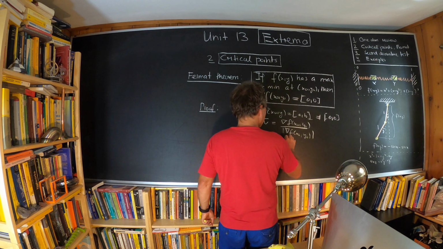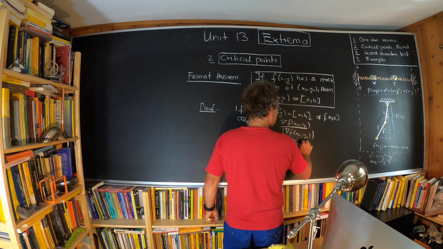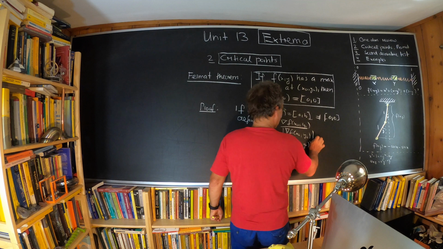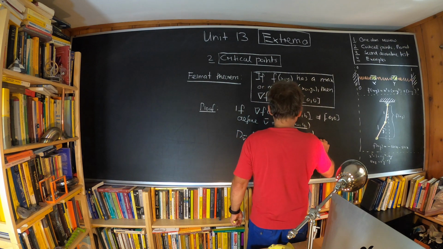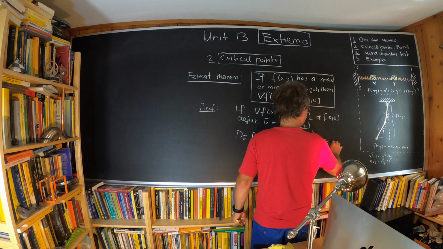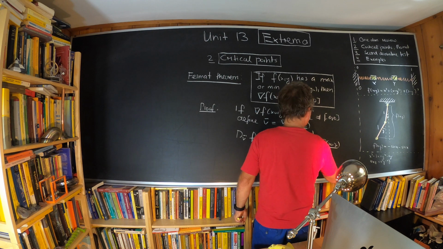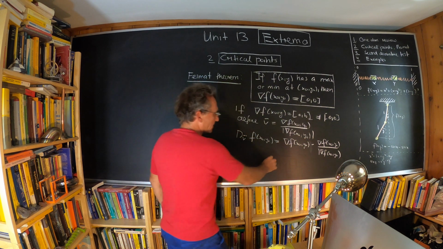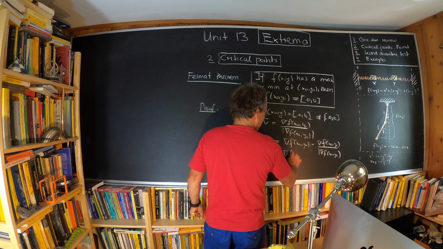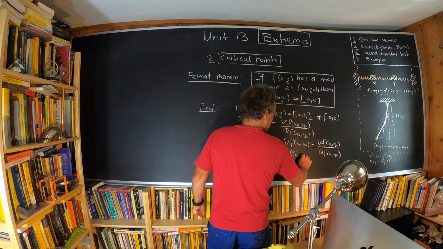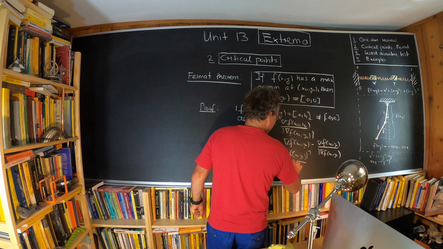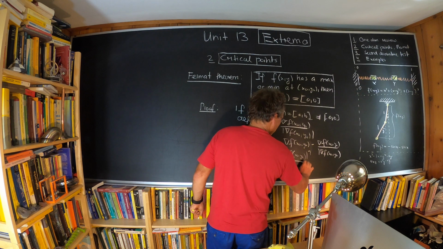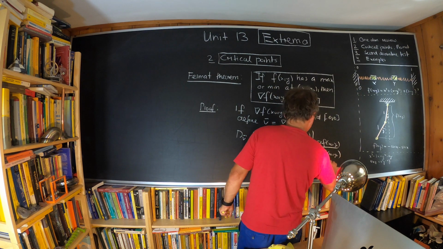So this is by definition the gradient of f at x0, y0 dotted with b, which is the gradient of f at x naught, y naught over the length. It's a computation which we have done last time already, and that's the gradient of f at x naught, y naught squared over the length of the gradient.